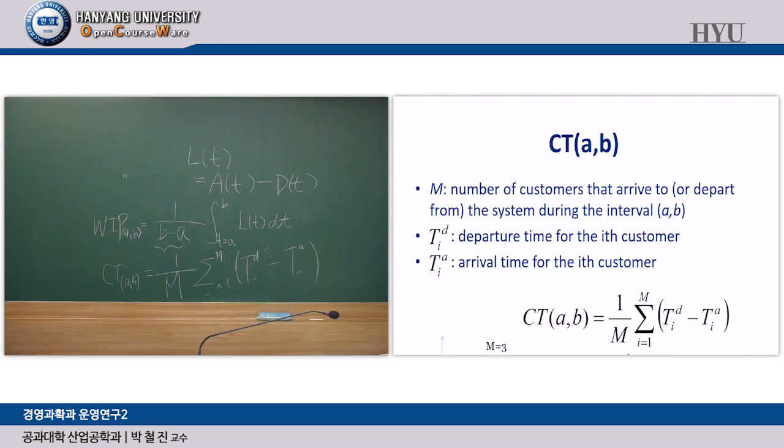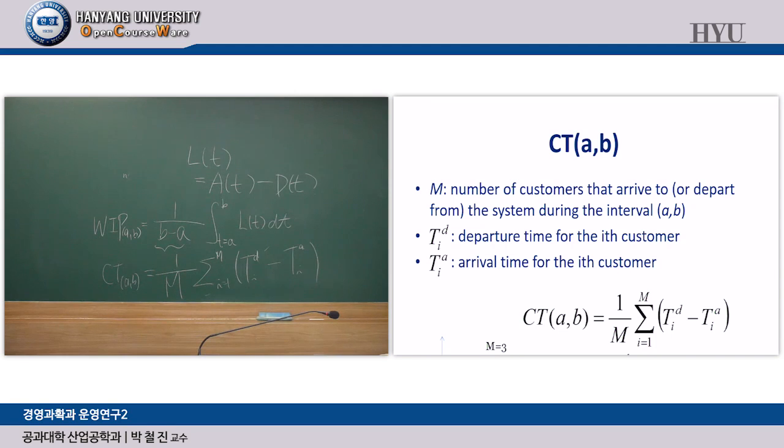We can interpret the graph, the left bottom part, from two different points of view. The first one is this: we want to integrate this, and then divide by the number of customers who got his or her services from A to B.